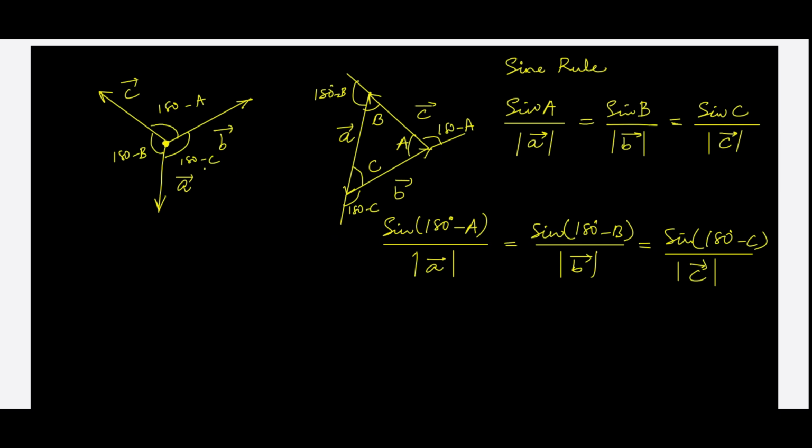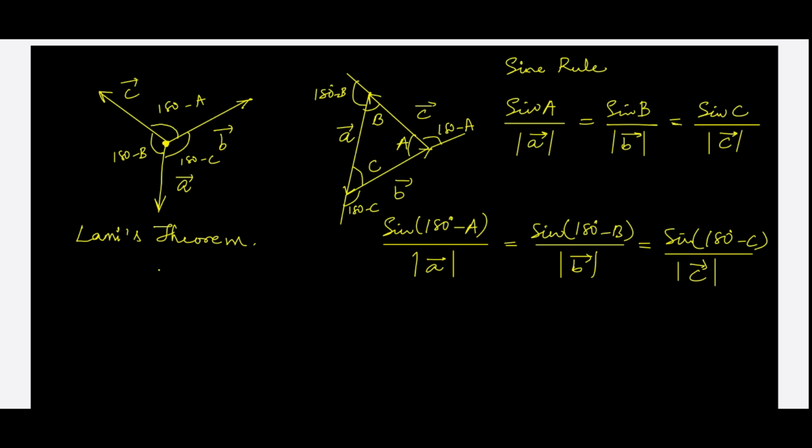So this is basically Lami's theorem. What this says is, when three forces acting at a point are in equilibrium, then the magnitude of each force is proportional to the sine of the angle between the other two.